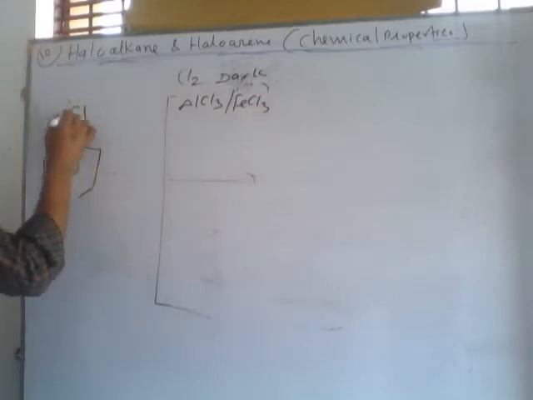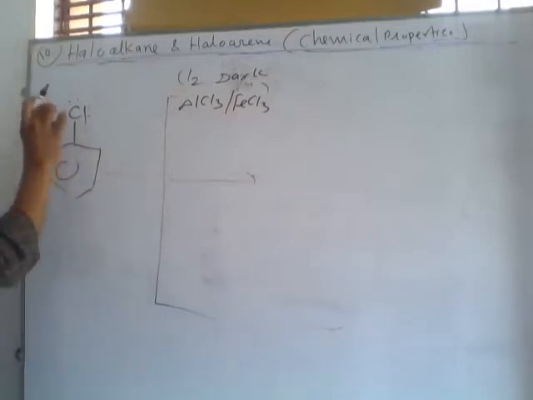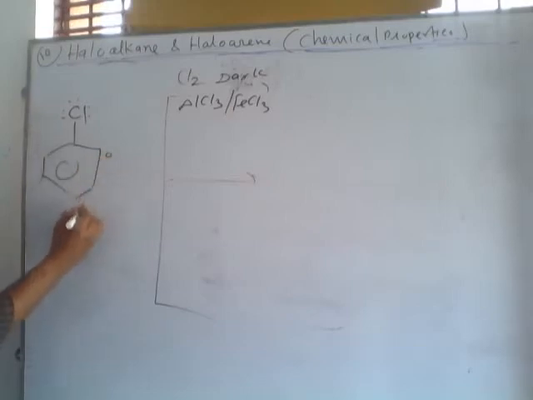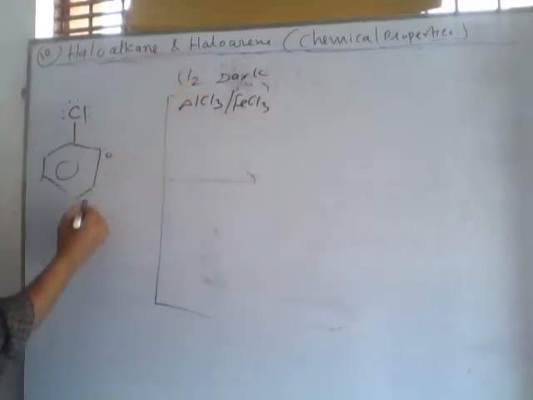Due to the lone pair on this chlorine, due to the plus mesomeric effect, this chlorine has an ortho and para directing effect. It means this chlorine increases the electron density on ortho and para due to the mesomeric effect. So the incoming reagent directly attacks ortho and para.